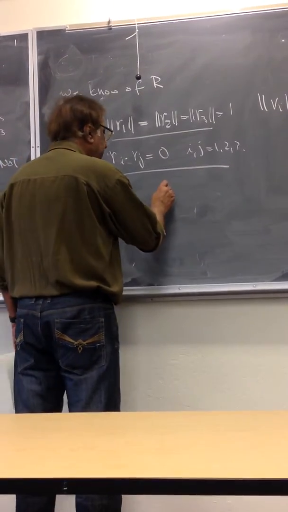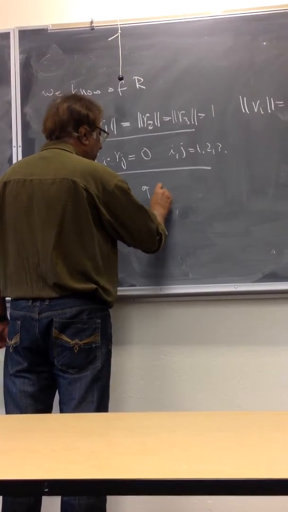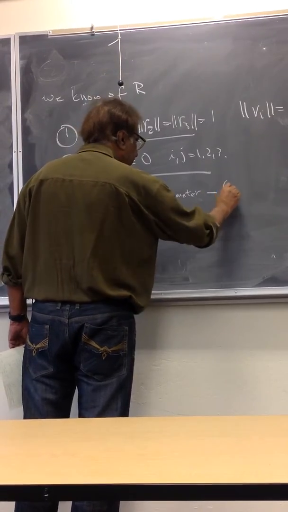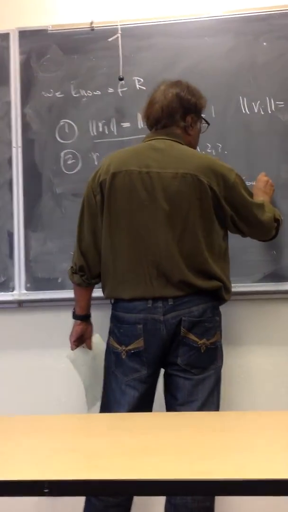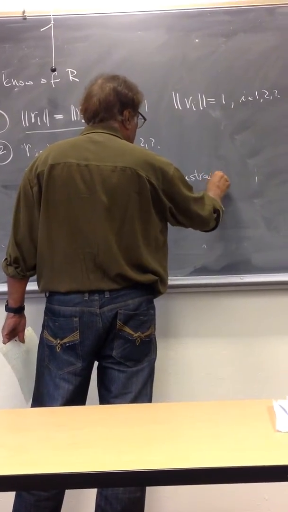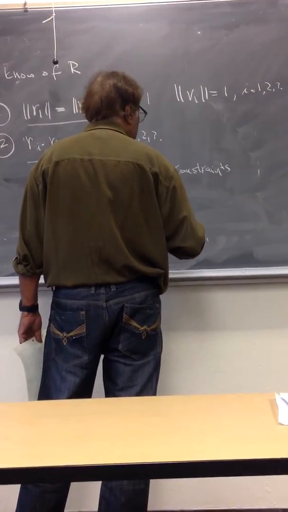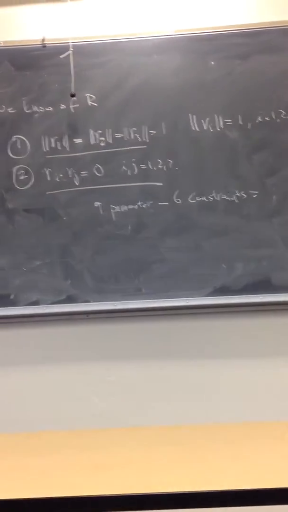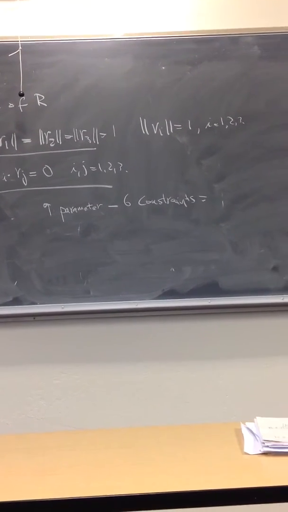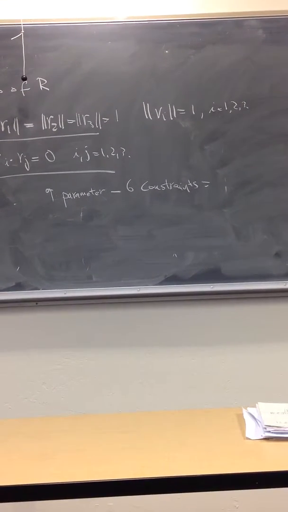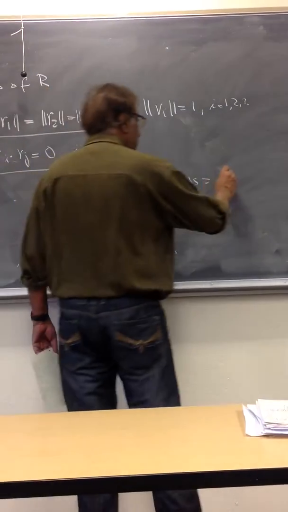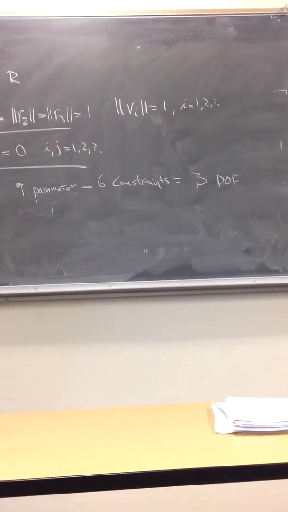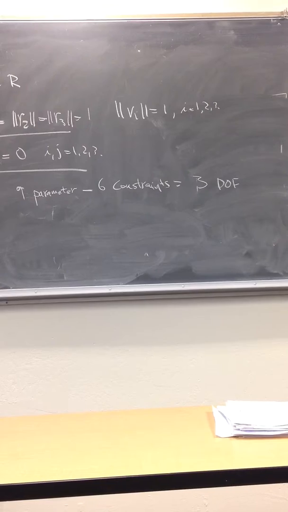We had 9 parameters minus 6 constraints, which gives you 3 degrees of freedom. Everybody with me on this?